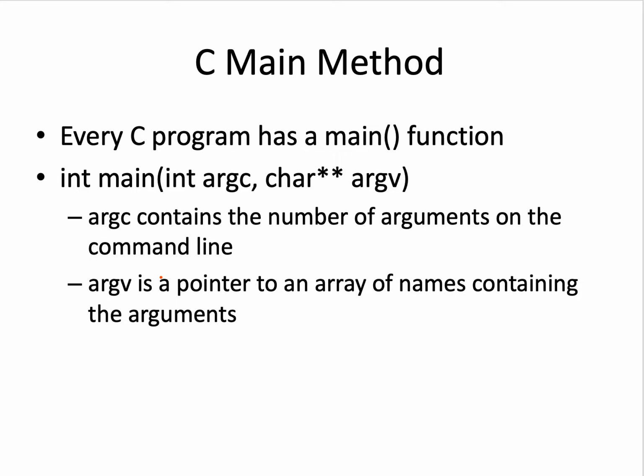Every C program, like Java, has a main function, and the main function is defined with the number of arguments on the command line, and a pointer to an array of names containing the arguments. That is the char ** symbol, a pointer, but it's actually a pointer to a pointer.